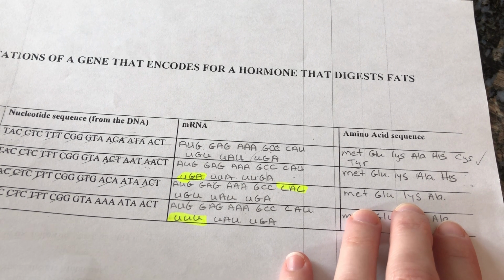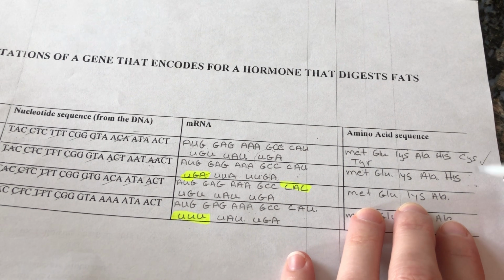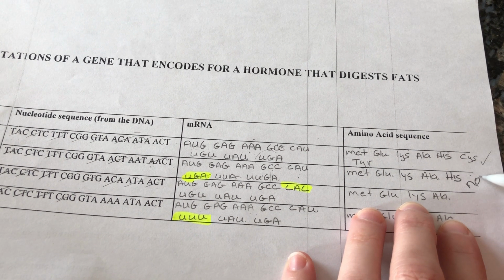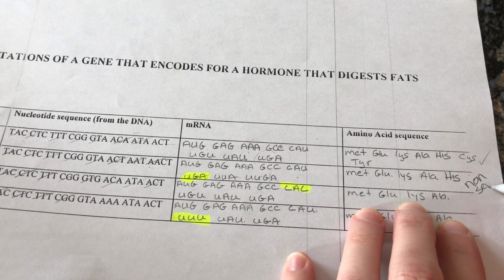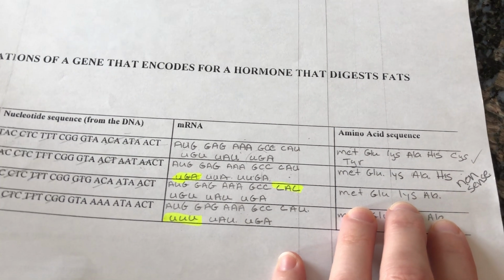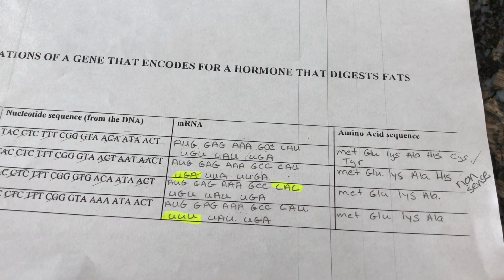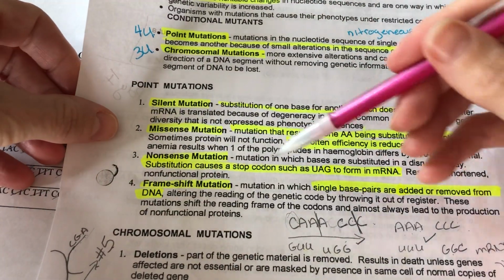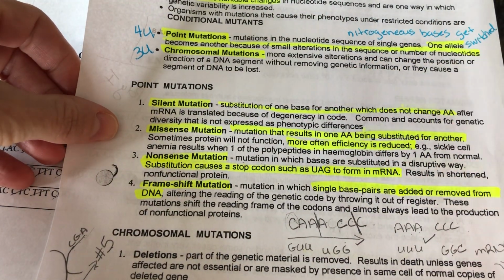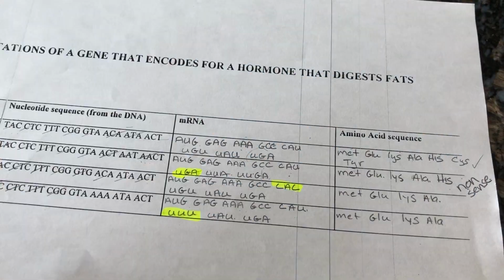Okay, think about the answer, pretend you're in class, and this is a nonsense mutation. So I want you to identify them. That's a nonsense mutation. Why is it nonsense? Because it codes for a stop codon in a place that should not be coding for a stop codon. Okay, so nonsense codes for a stop codon.